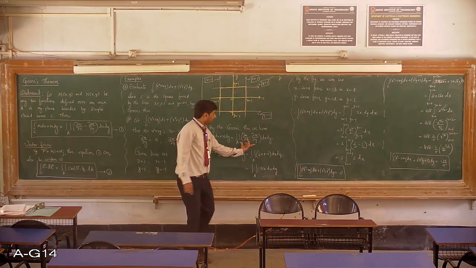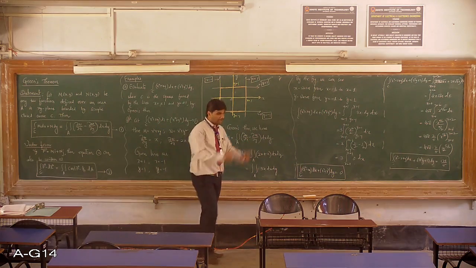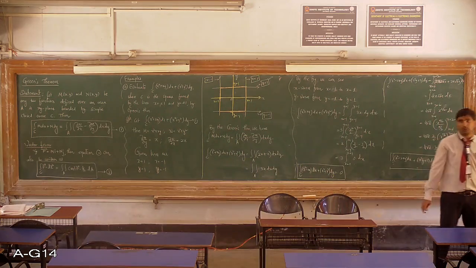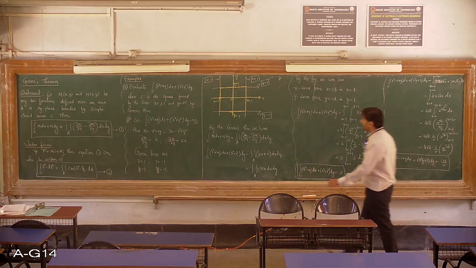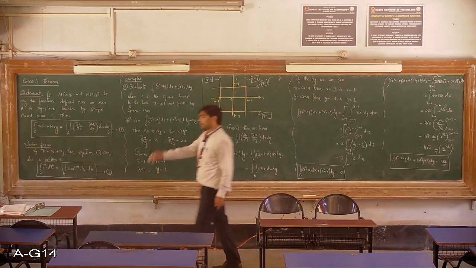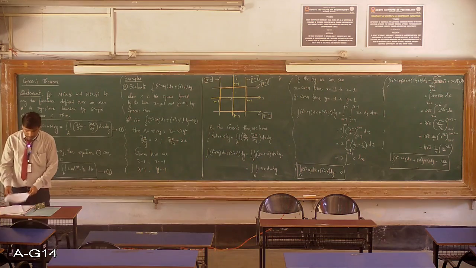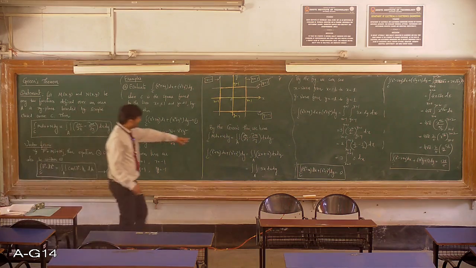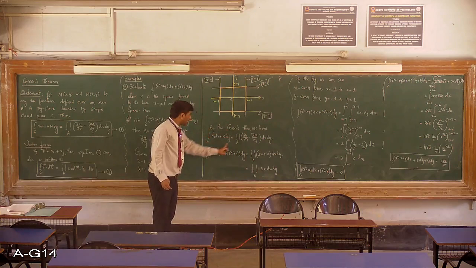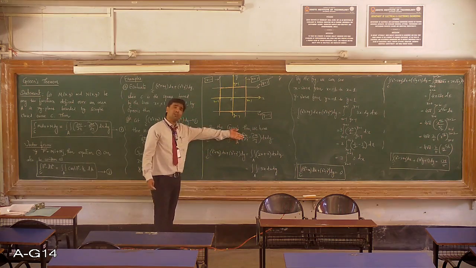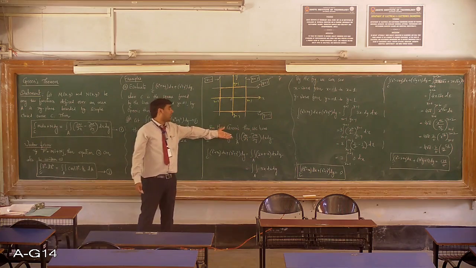And next, by using the RHS also you have to find the answer. And next you have to compare both the answers. If both are the same, then the Green's theorem will be verified. That one example is there, and that solution is also given in the notes. I can very easily do it, because for the LHS you can use line integration, and for the RHS it is double integration.